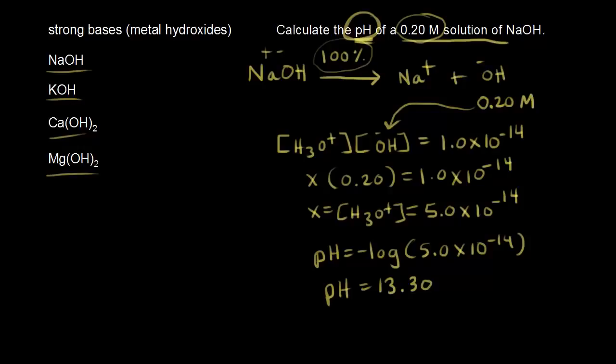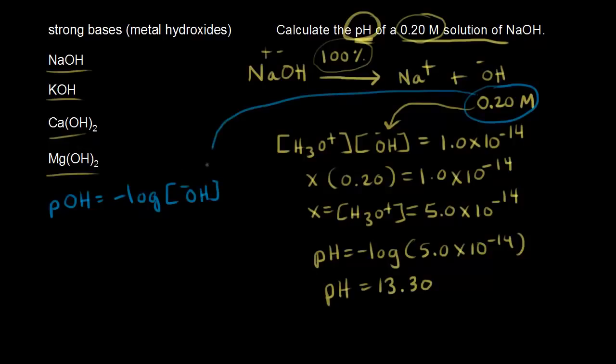And that is when you find the concentration of hydroxide, you can immediately find the pOH. So the pOH is equal to the negative log of the concentration of hydroxide ions, so that would be 0.2. So we could plug that into here to find the pOH.